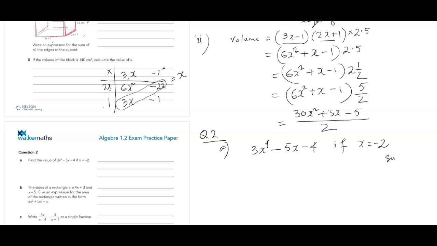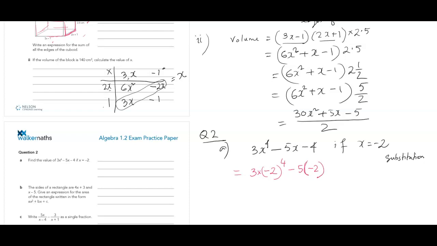This is the substitution one, and we have done so many in the classroom. So that'll give me 3 lots of, got to be careful with the negative 2. Negative 2 is problematic, remember that. 5 times negative 2. See that?